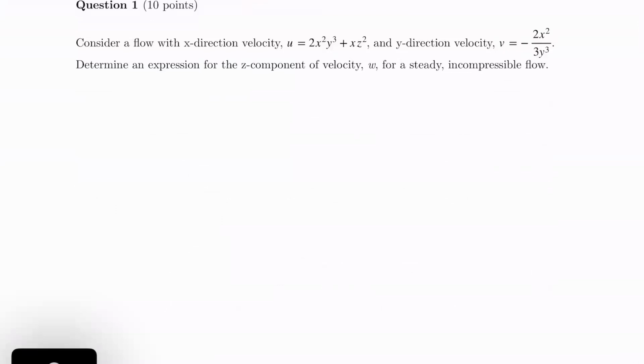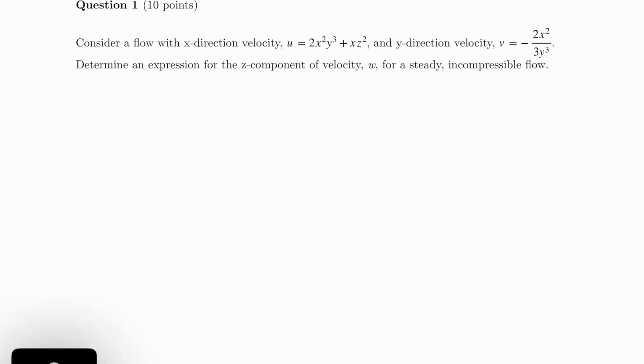Okay, first question is we are given an x component of velocity for a flow and a y direction component of velocity. And we want to determine an expression for the z component of velocity for a steady, incompressible flow. All right, so for this one, we are going to use conservation of mass.